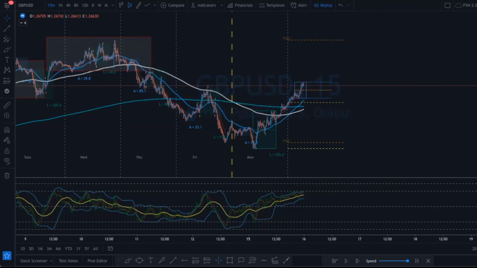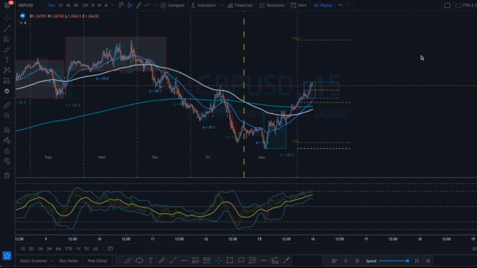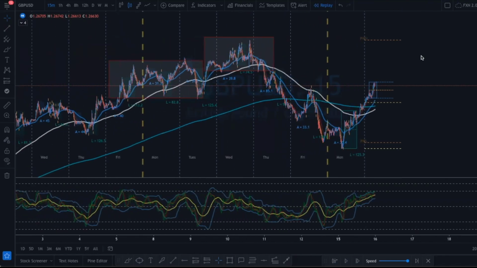I just trusted my gut and went with it because it was bouncing off the 50. It rejected the 50 probably once, twice, three times, four times. So to me it looked like a continuation back up, but then I got it wrong at 8:30.